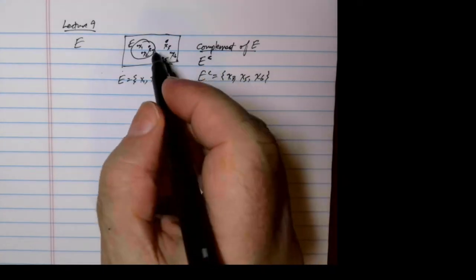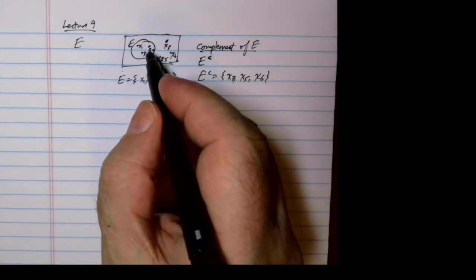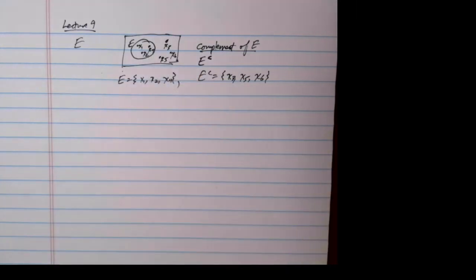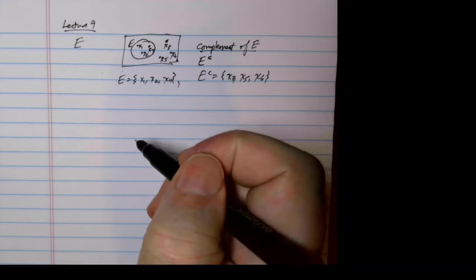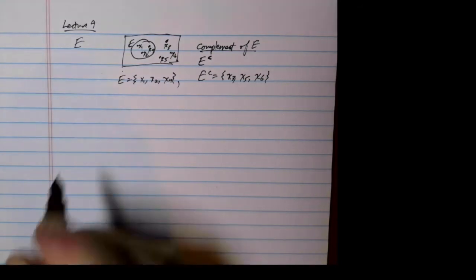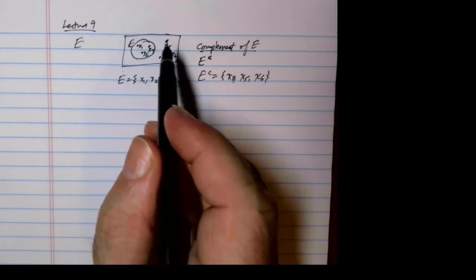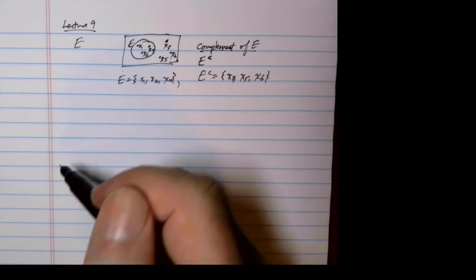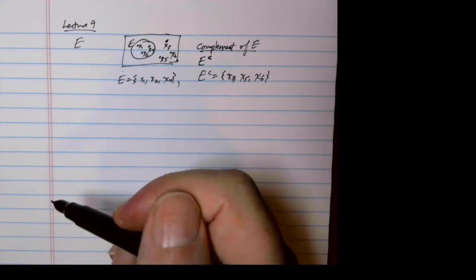Now, notice that E and E complement never overlap, because E complement is just everything outside E. Also, every outcome is in one of these two, either in E or in E complement. So E and E complement together contain all the outcomes in the sample space with no overlap.